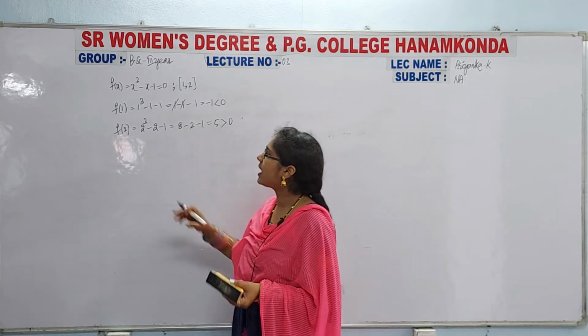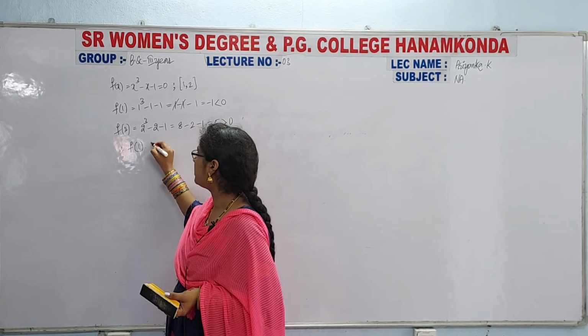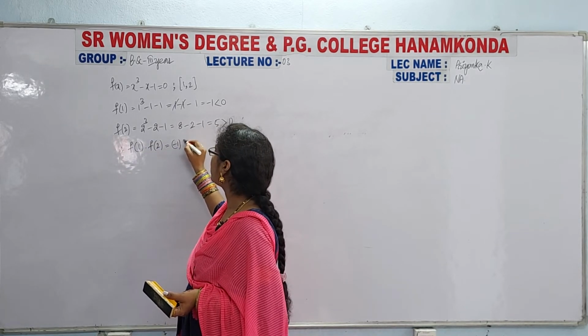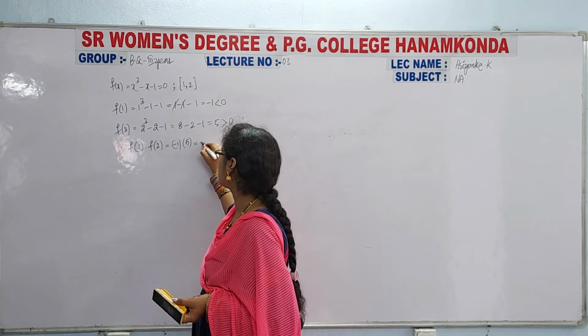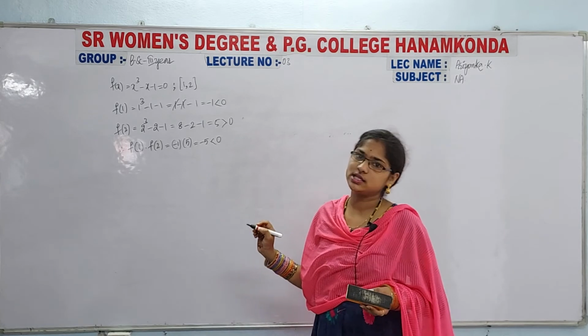So therefore f of a, that means f of 1 into f of 2, is equal to minus 1 into 5, which is minus 5, less than 0. So the first condition is satisfied.